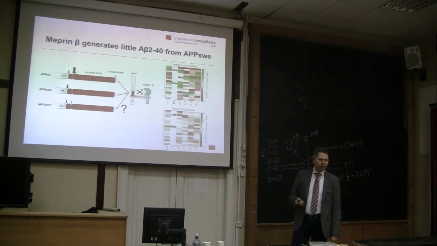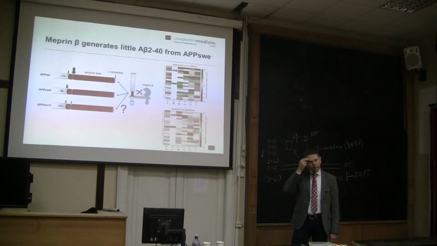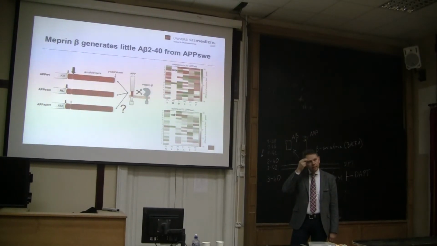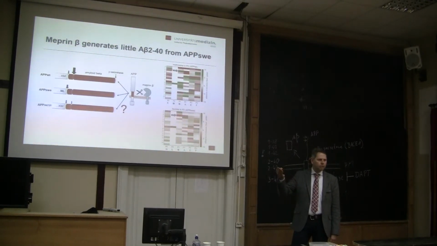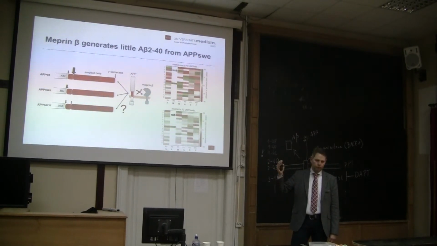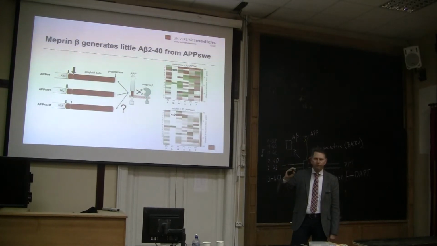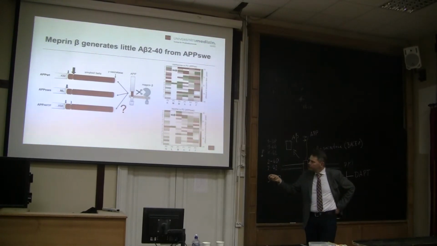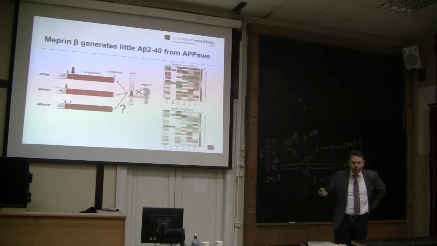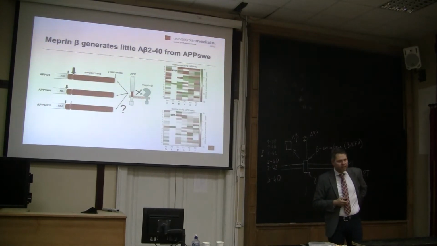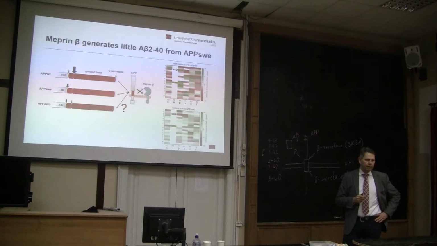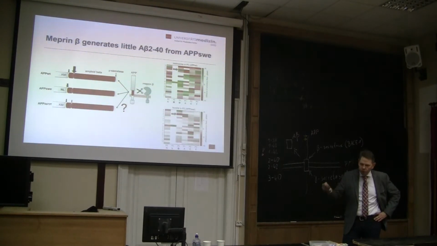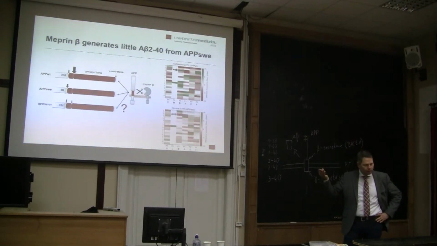APP-A673T. That mutation was found in Iceland, and apparently these people develop Alzheimer's disease much later, if at all. Because what they found was when they used these constructs in a BACE peptide cleavage assay, they saw that BACE is not cleaving as well anymore. Therefore, the people generate less Aβ, people get Alzheimer's disease much later.